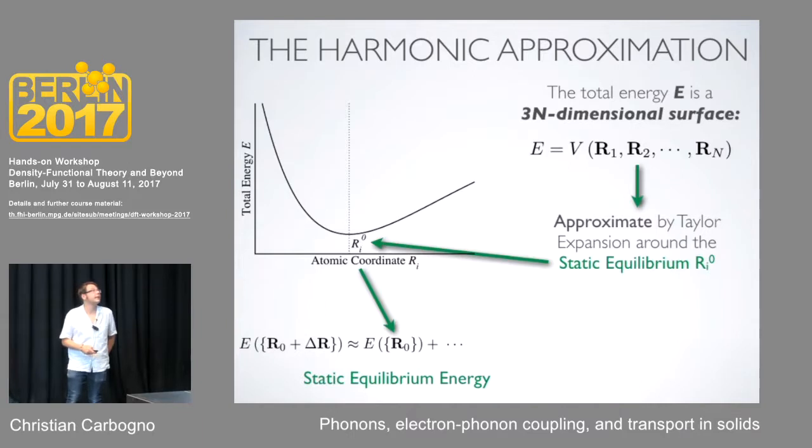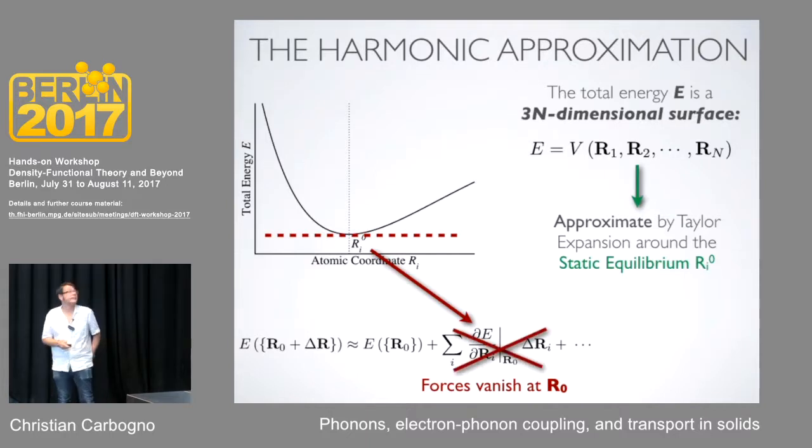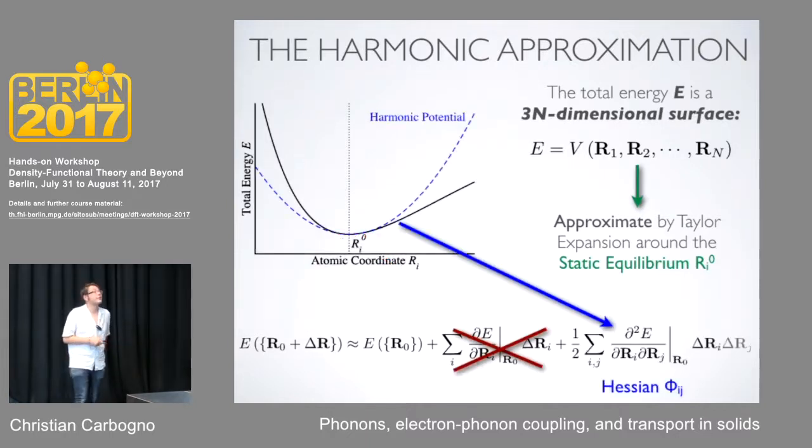Then you get the linear term, and does this one appear? No. This is the derivative in equilibrium, so it corresponds to the forces that vanish. And then the first non-vanishing term is the Hessian here in equilibrium, so the second derivative.